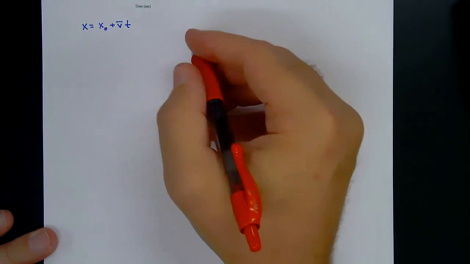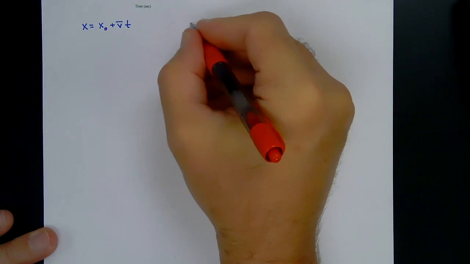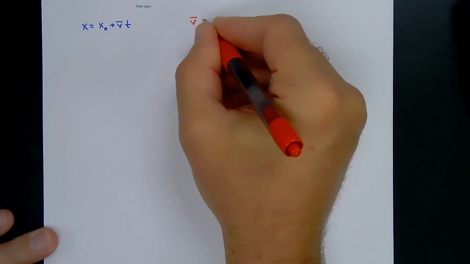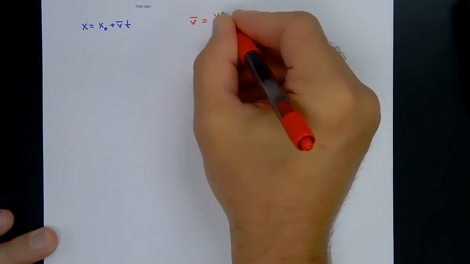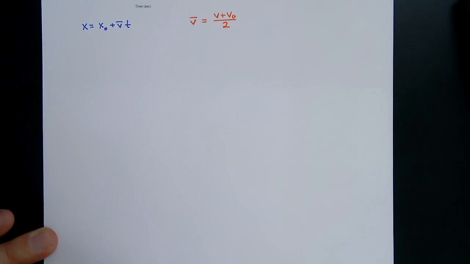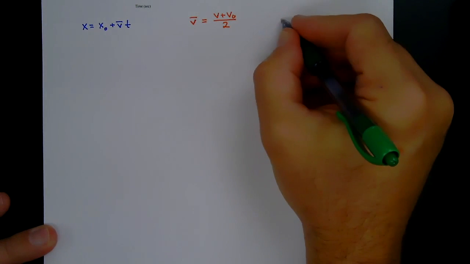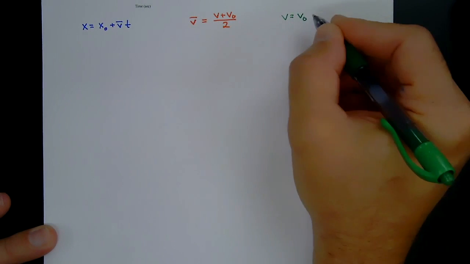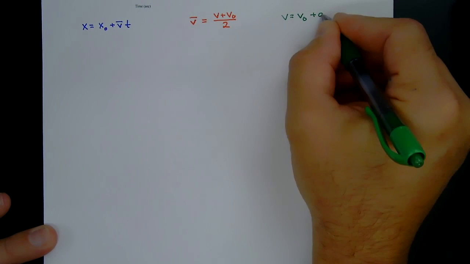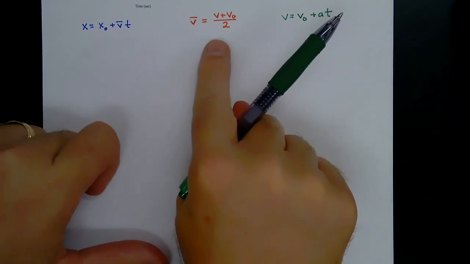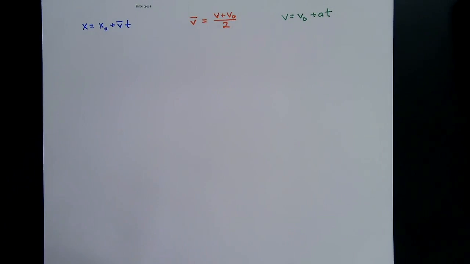I also know that the average velocity is equal to v plus v sub o divided by 2. I also know that the final velocity is equal to the original velocity plus the acceleration times time. So these two were from the first page, and this is what we just came up with.